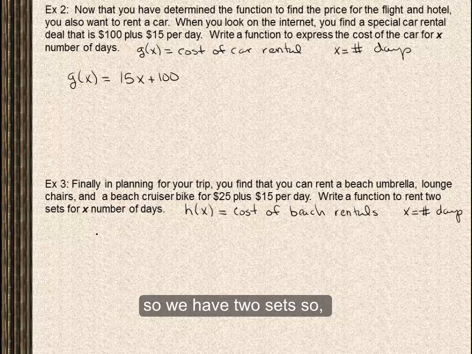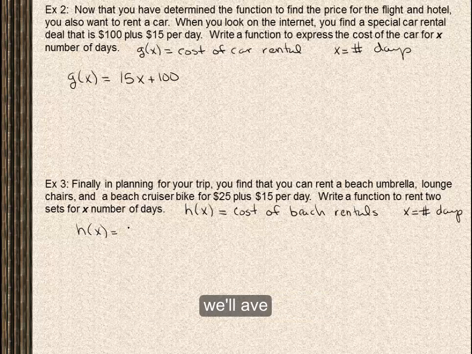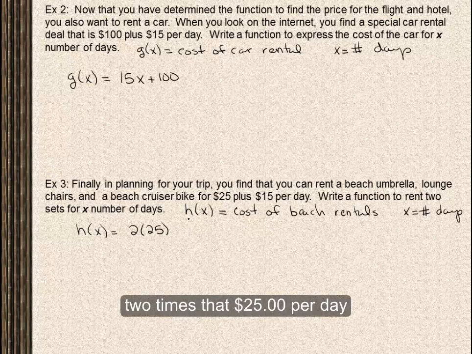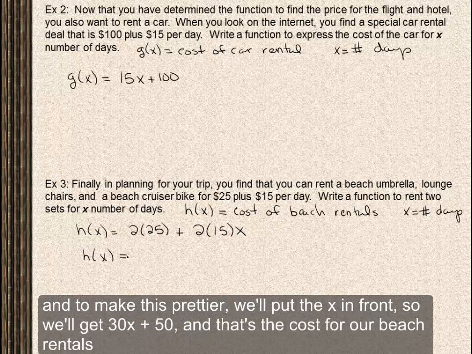So we have 2 sets. So we'll have 2 times that $25 plus 2 times $15 per day. And to make this prettier, we'll put the x in front, so we get 30x plus 50, and that's the cost for our beach rentals.